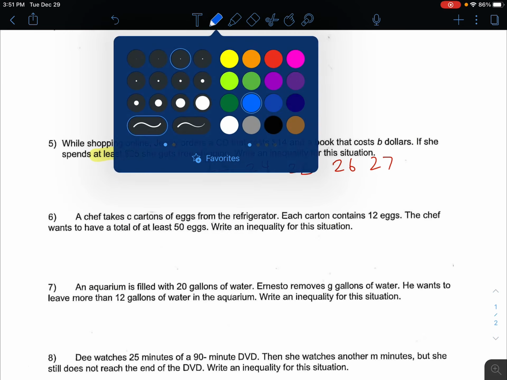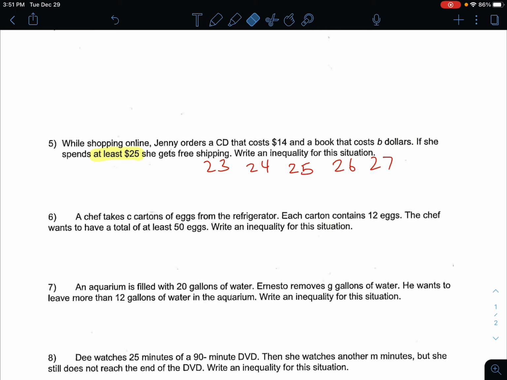Now I ask myself, can Jenny spend 25? Well, it needs to be at least 25. If someone says you need to spend at least 25, can you spend $25? Would that count? Yes, it would.